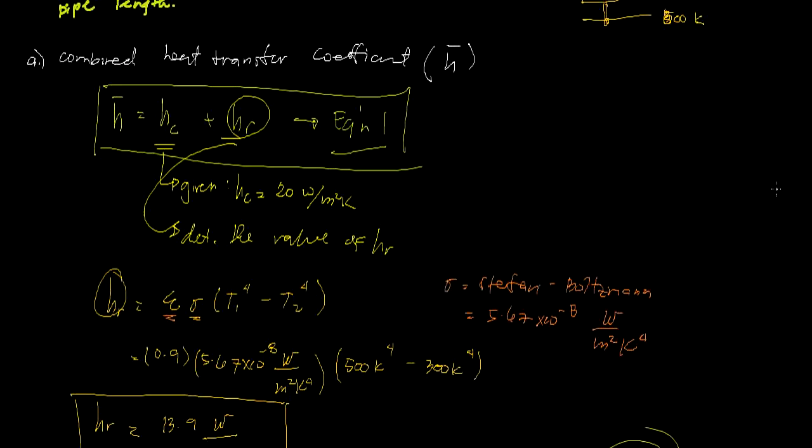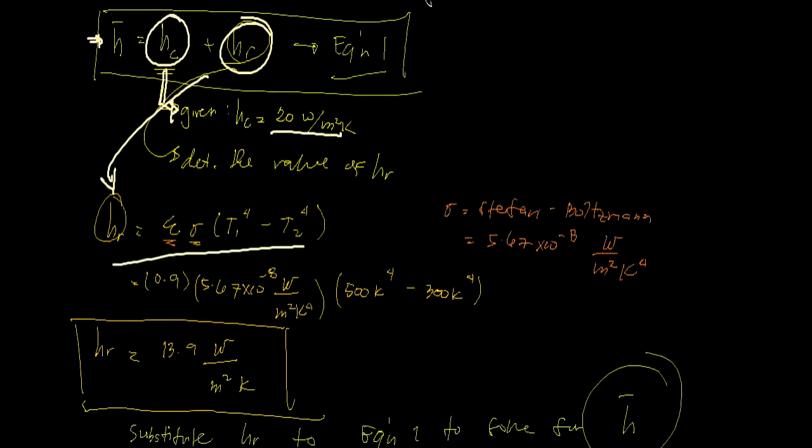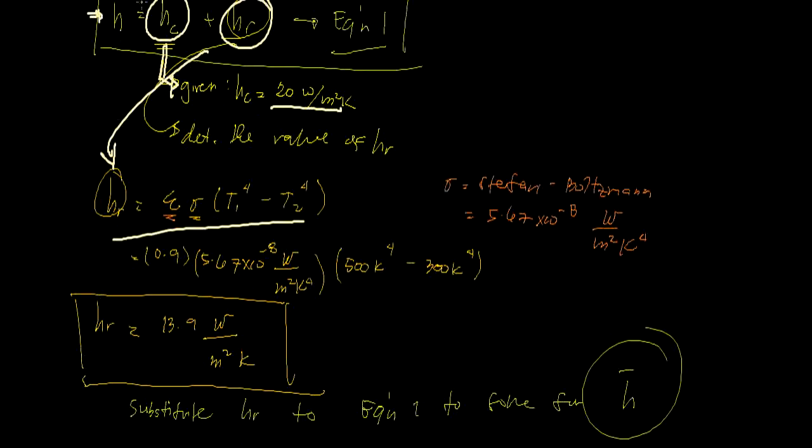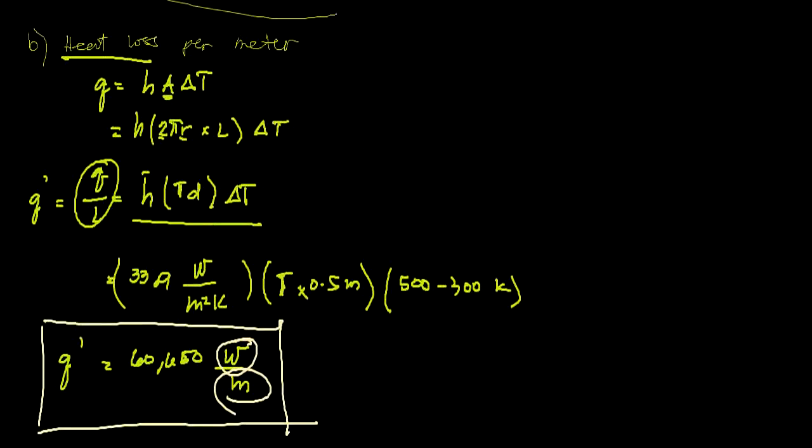The formula for that combined heat transfer coefficient is given by this, and we can directly compute the value of H because HC is already given, which is 20, while HR can be computed using this equation. By having that, we can add the two and get the combined heat transfer coefficient and proceed to the Q loss per meter.